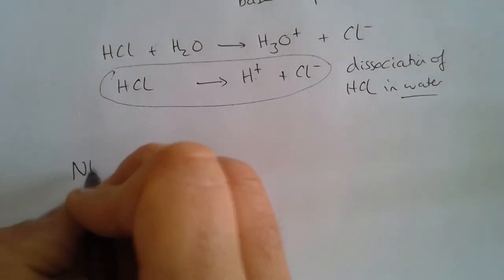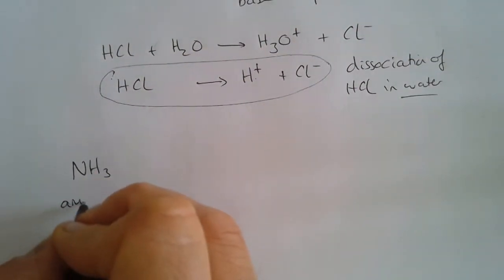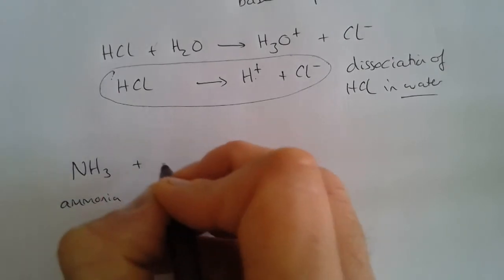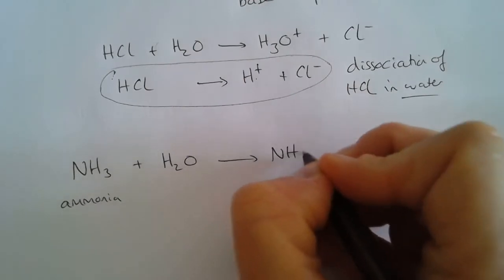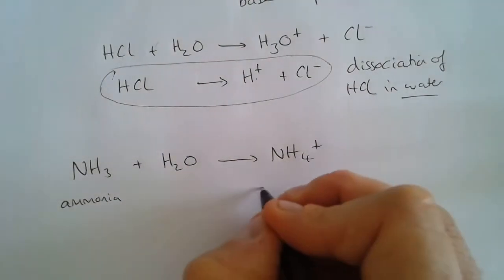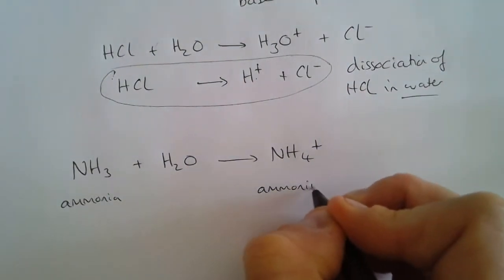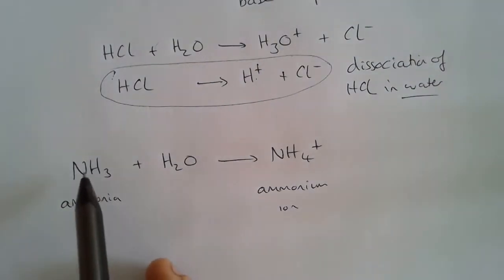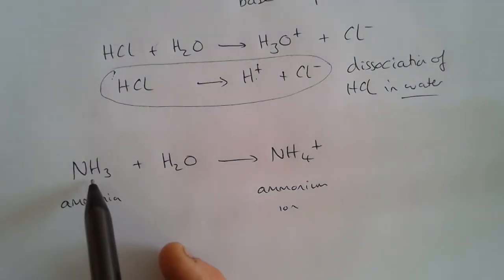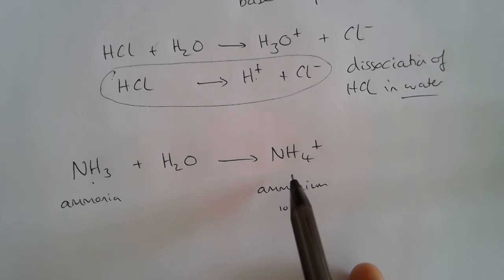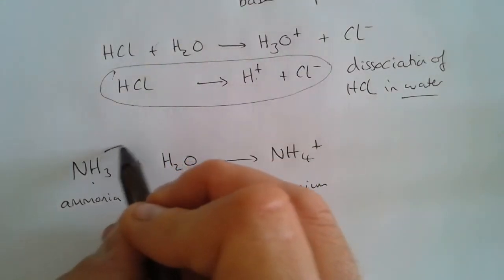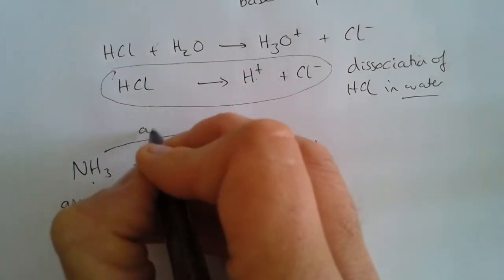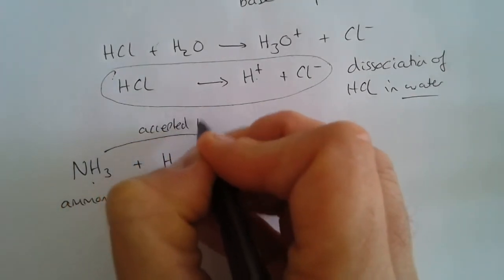So NH3 is the formula for ammonia. Ammonia will also react with water, and it will produce an NH4 plus ion, which is called the ammonium ion. And if we have a look at what's happened to this, we've gone from NH3 to NH4+. So like earlier when we went from H2O to H3O+, what's happened here is we have accepted a H plus ion.